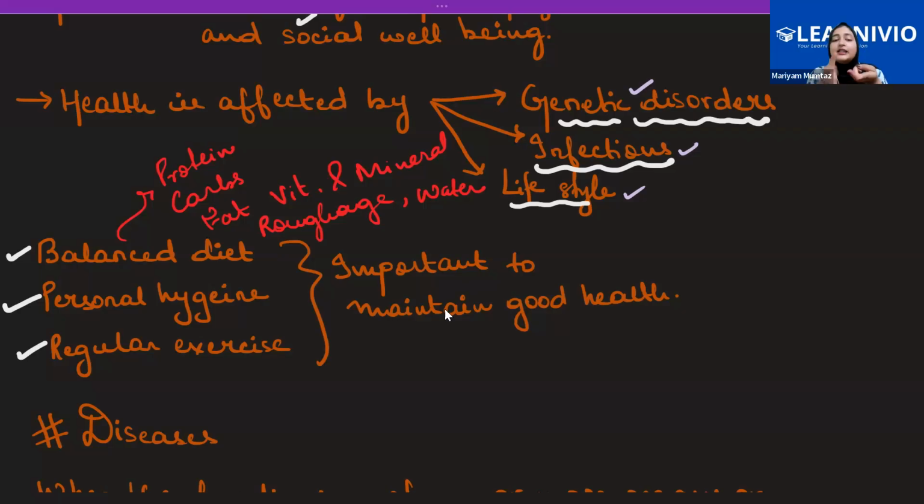So, balanced diet, personal hygiene, and regular exercise. These are the three things that are extremely important to maintain good health. Despite having no pathogens or infectious agents around you, if a person doesn't practice cleanliness, then that person is bound to get ill one day or the other. So personal hygiene is that important, as well as regular exercise.